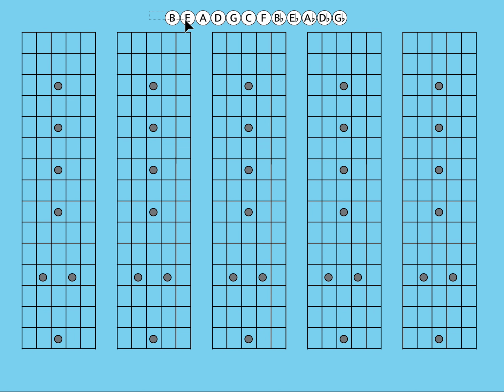If BEADGCF belongs to C, then EADGCF B flat belongs to F, and ADGCF BE belongs to the key of B flat, and so on and so forth. So wherever you start, a half step in front of the first note is the key that it belongs to.